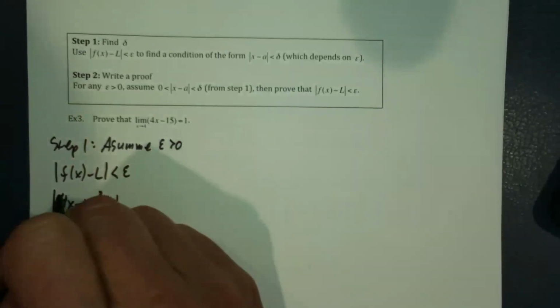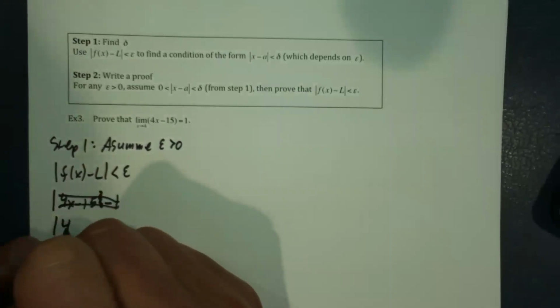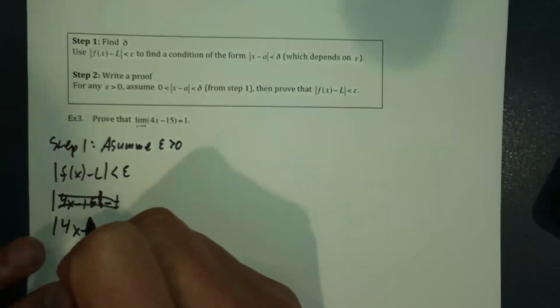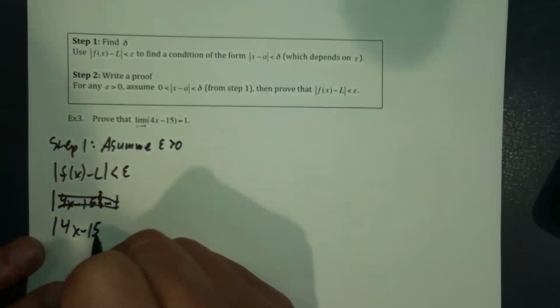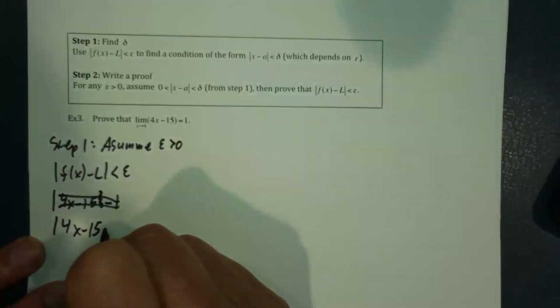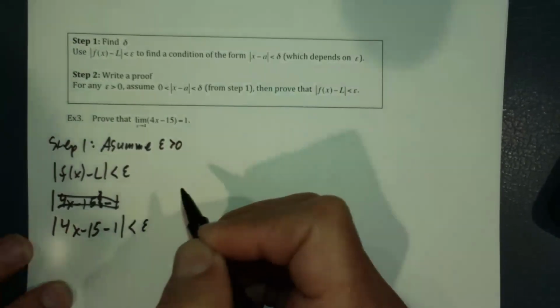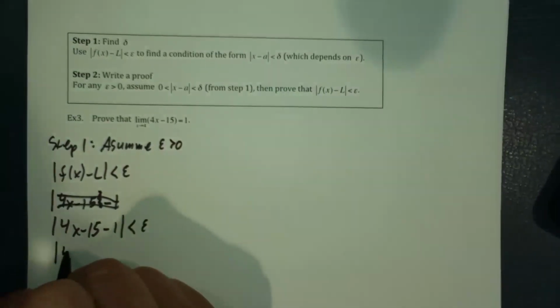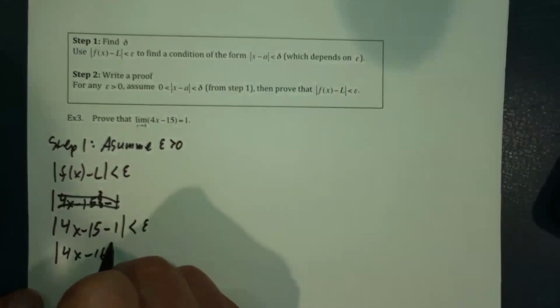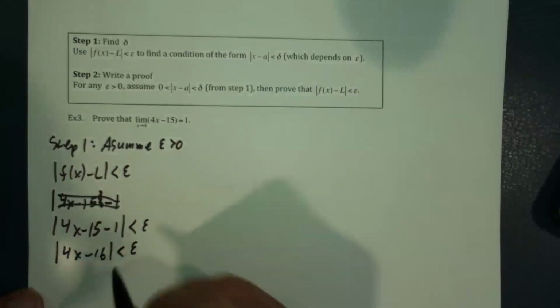Let's start that again. 4x minus 15, minus the 1 there, minus L, should be less than epsilon. This gives us the absolute value of 4x minus 16, which is less than epsilon.